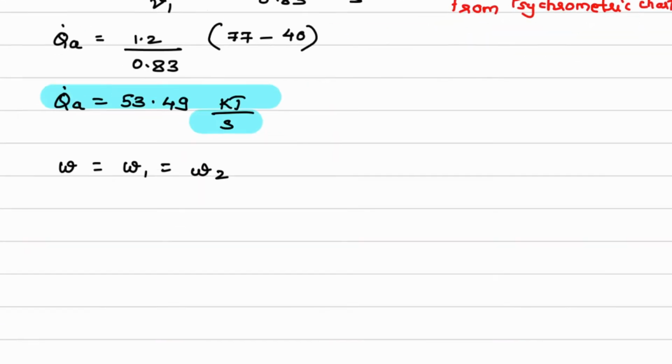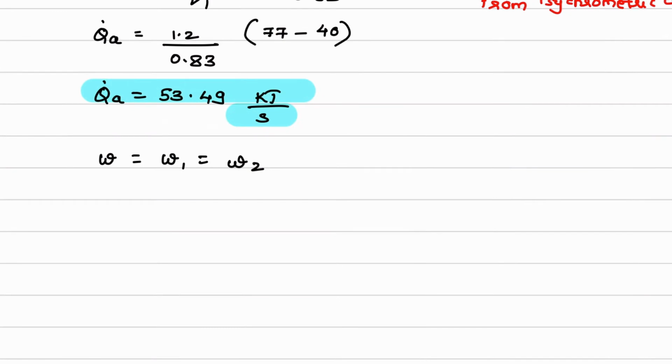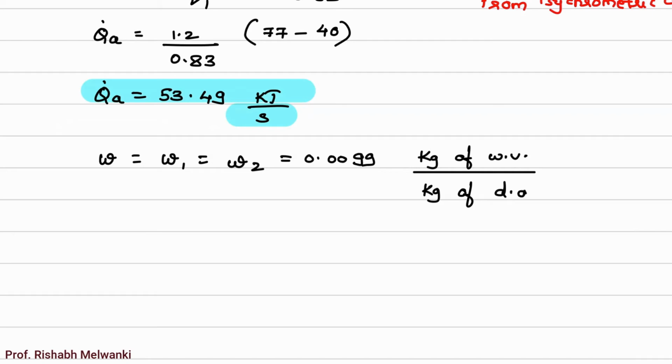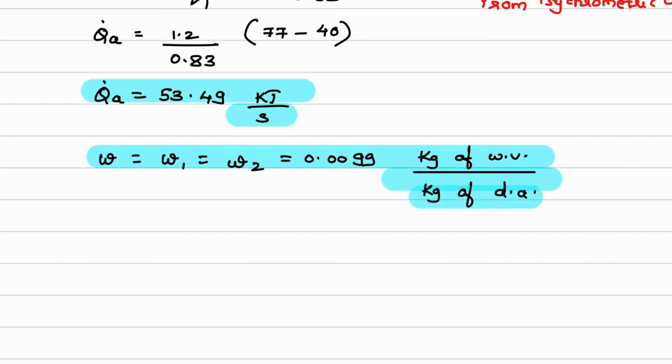So omega value is equal to 0.0099 kg of water vapor per kg of dry air. From where did we get this? From the psychrometric chart. So this is about the first question.